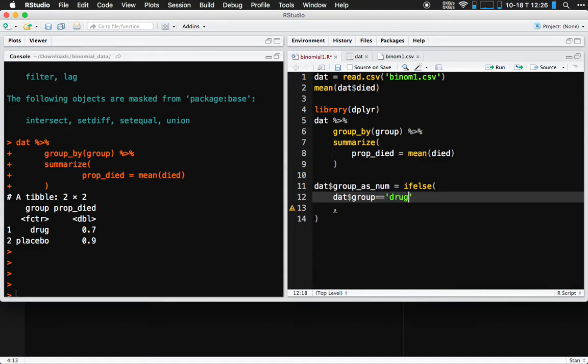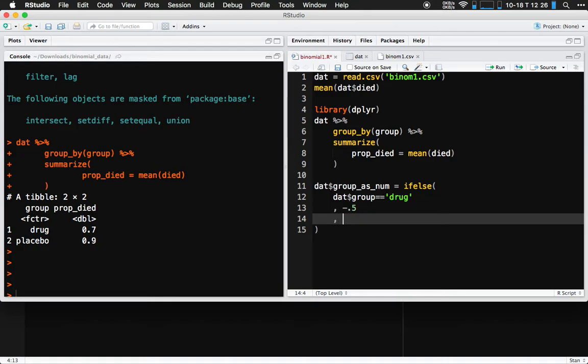If it's drug, I want it to put a negative 0.5 there. And if it's not drug, it will do the other one, so the corollary is that this is what's put in placebo.